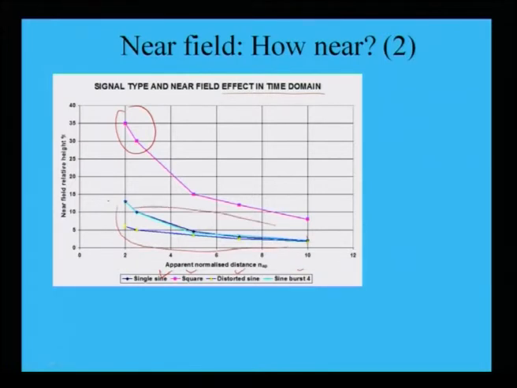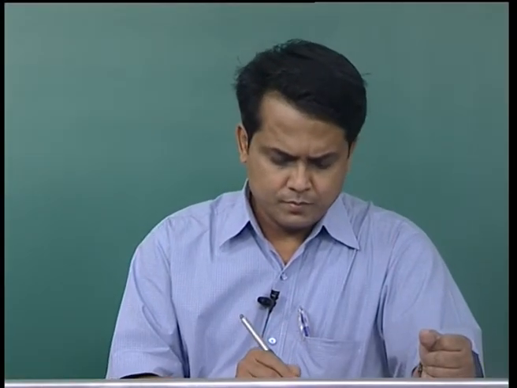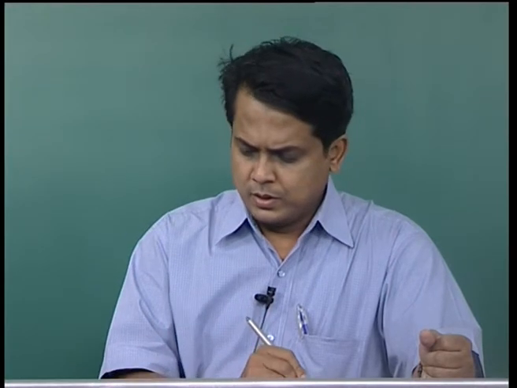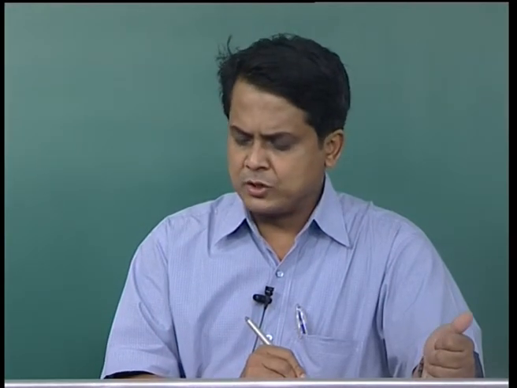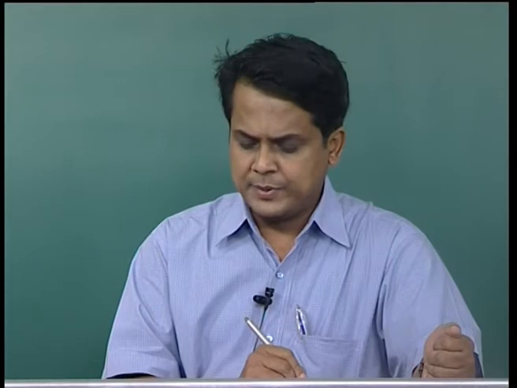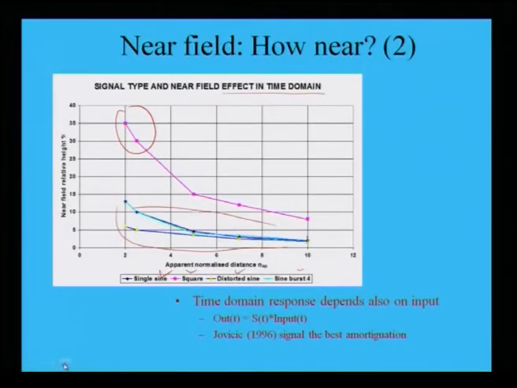Particularly signal time and near field affect your time domain. The time domain response depends also on input, that means output is equal to ST star input. Jovicsik 1996 signal the best, particularly the best one they have given is Jovicsik 1996.